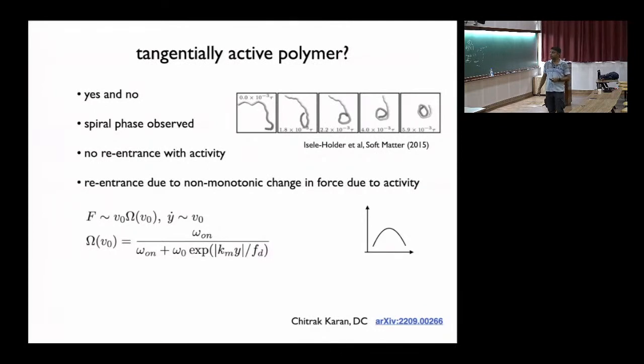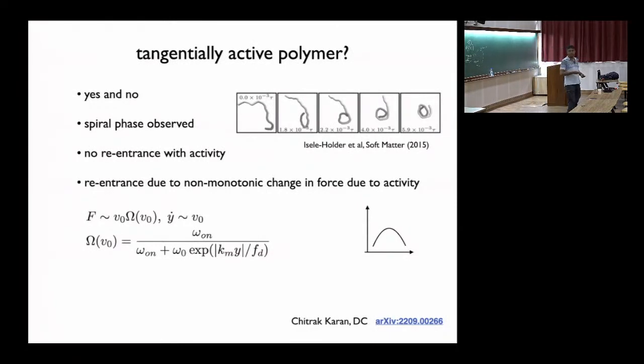Okay, and the reentrance due to this non-monotonic change in force due to activity is basically due to the fact that activity is not just given by V0, it's also given by the processivity.